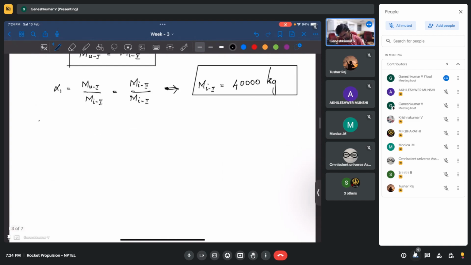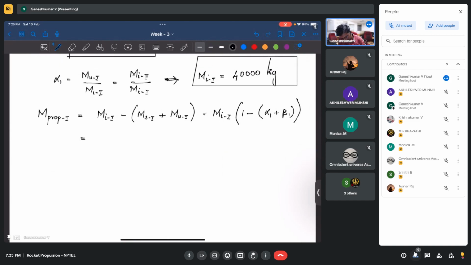Now let's try to calculate the propellant for the first stage. How do we calculate? We know mi of the first stage is the structural mass of the first stage plus the useful mass of the first stage, which is nothing but the second stage's total mass. So you can rewrite this as mi of the first stage times 1 minus alpha 1 plus beta 1.